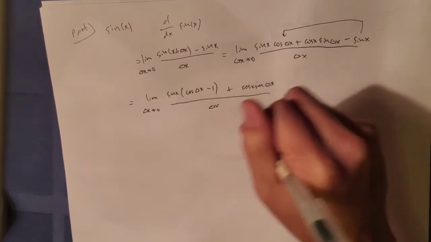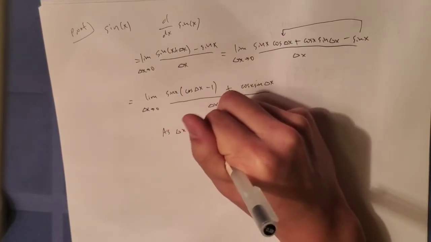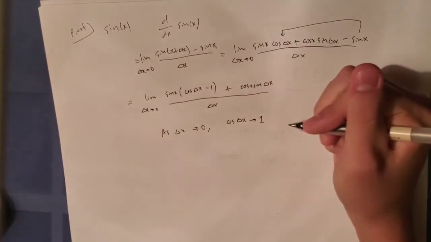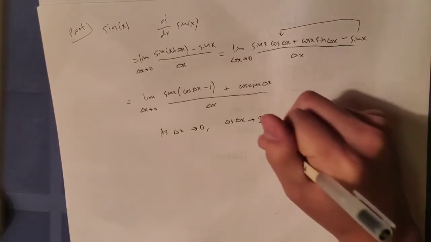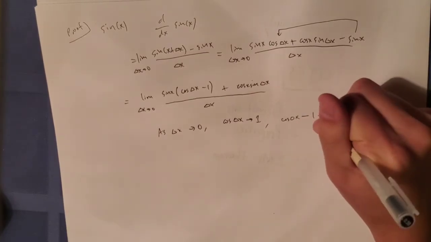As delta x approaches 0, we know that cosine of delta x will approach 1 because cosine of 0 equals 1. And so therefore cosine of delta x minus 1 approaches 0.